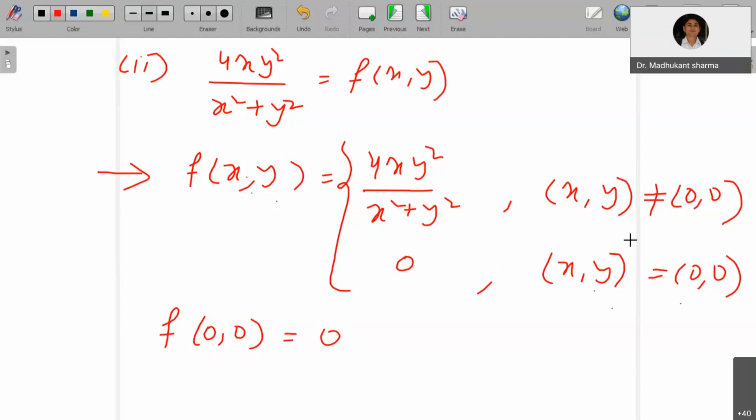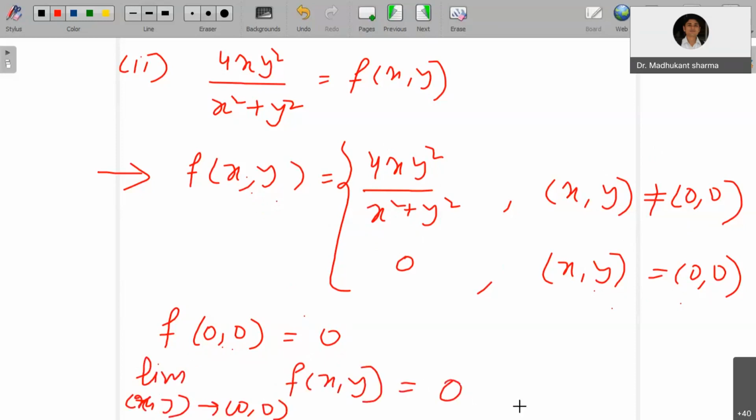I'm assigning this value, and for non-zero xy, these are the values: 4xy square by x square plus y square. What we have seen is that the limit as (x, y) tends to (0, 0) of f of (x, y) is 0, and that is nothing but f at (0, 0). So this establishes the continuity at (0, 0) with the following definition.